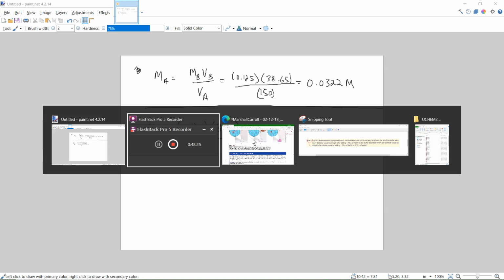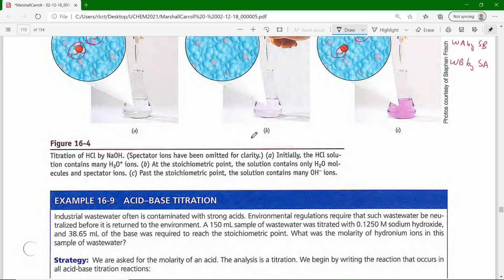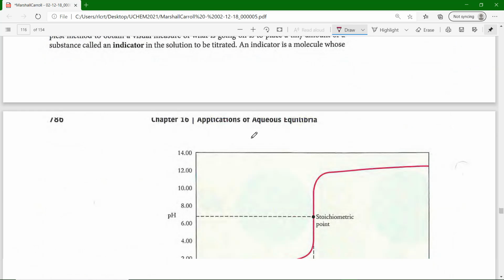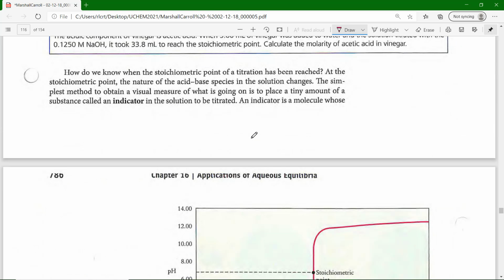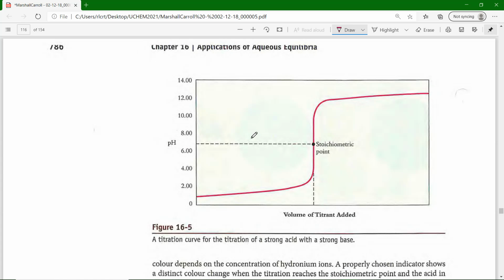So now let's go back to here. How do we know if we've reached the point? An indicator is going to change color. An indicator is a molecule whose color depends on the concentration of hydronium ions. So here is a strong acid being titrated by a strong base.